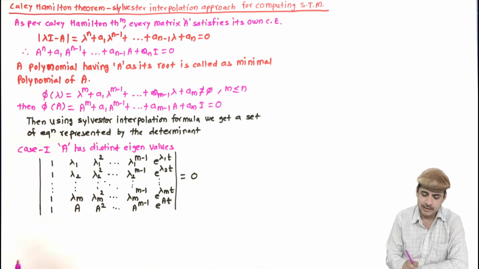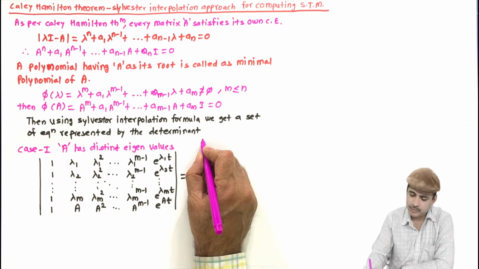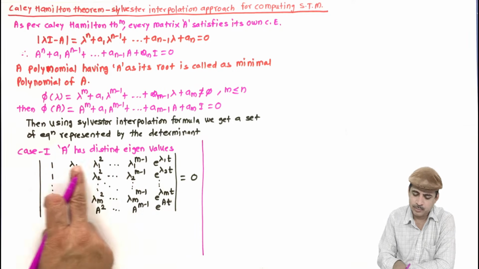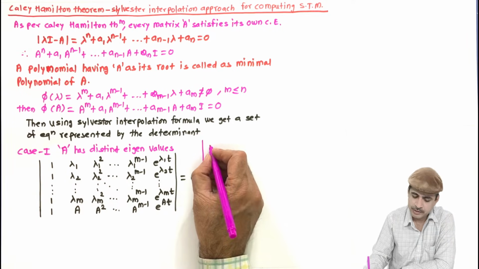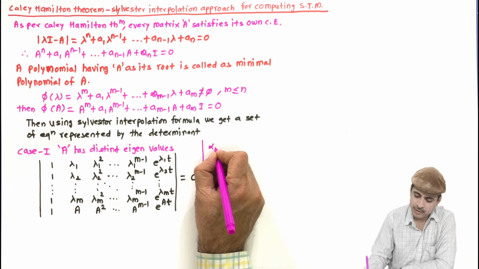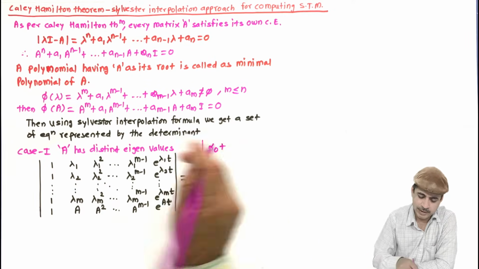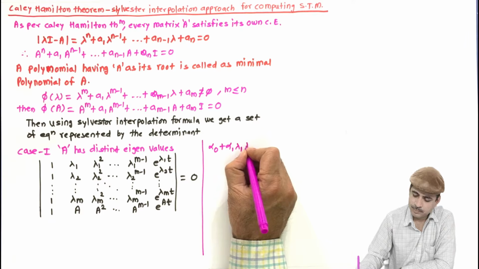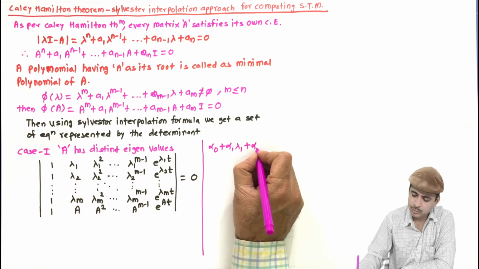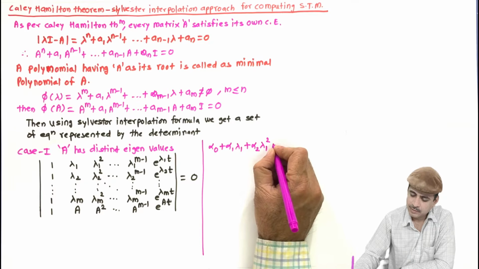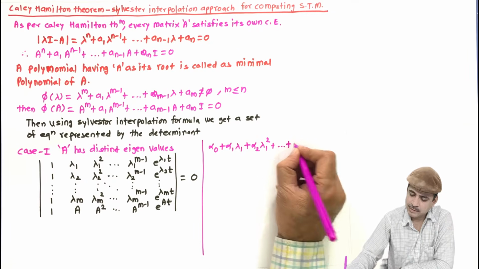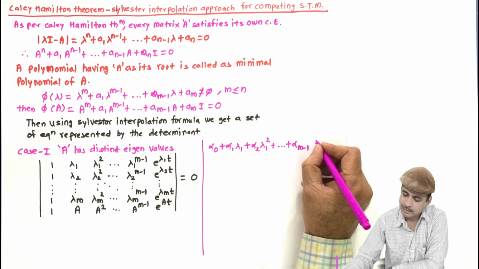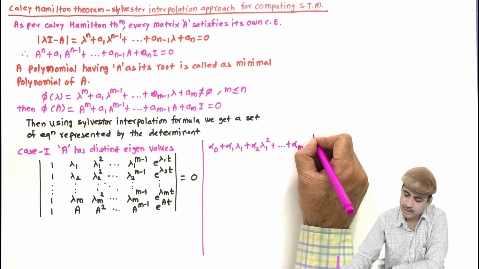So solution of this can be represented by the set of equations, like for example, every row up to this will be multiplied by some constants. So it is alpha 0 multiplied to this, plus alpha 1 lambda 1, plus alpha 2 lambda 1 square, so on up to plus alpha m minus 1 lambda 1 raised to m minus 1.